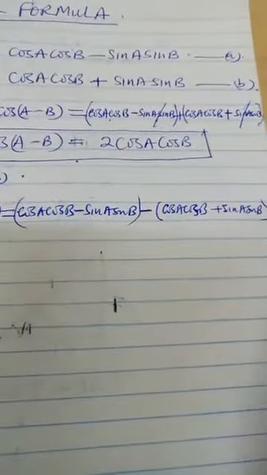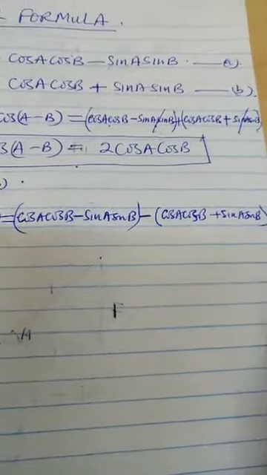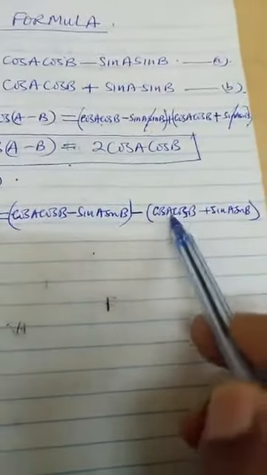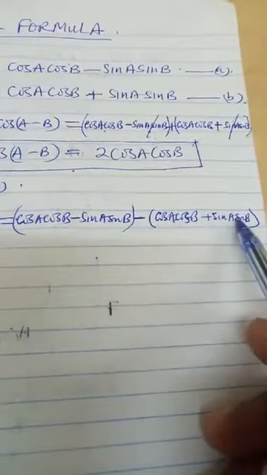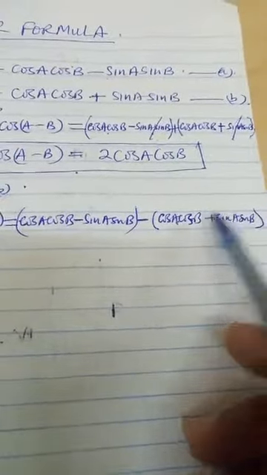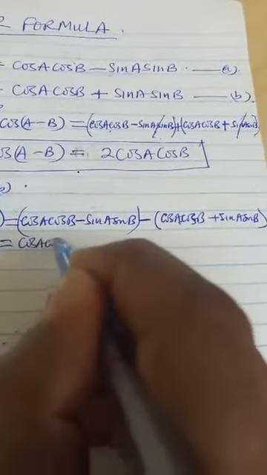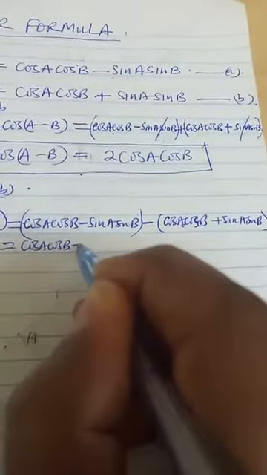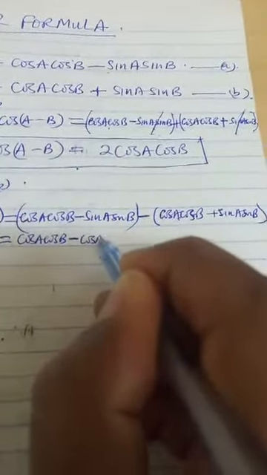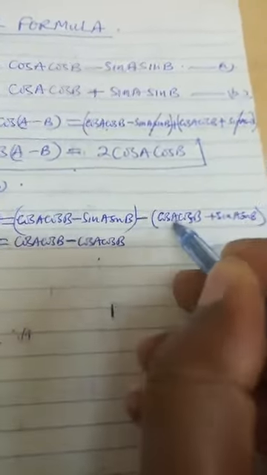I zoom in close. If we open these brackets, this is a minus, and this will become a minus as well. So if we open the brackets, we shall have cos A cos B, I'm going to collect like terms, minus cos A cos B, they are corresponding.